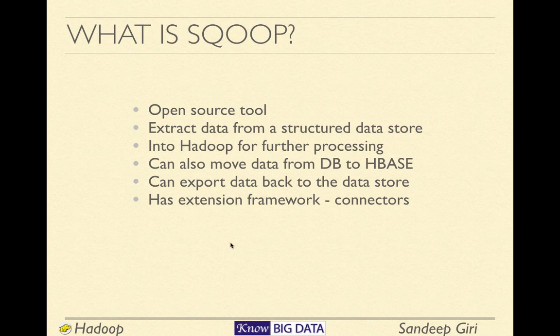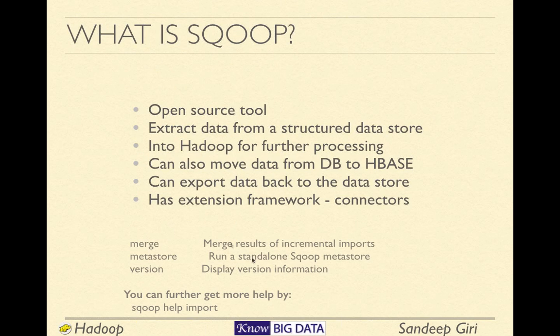And also from HBase or from the file system, it can put the data back into your database. So it is data in and data out for both. We'll go through a hands-on exercise in which I'll demonstrate how to move the data back and forth both ways.